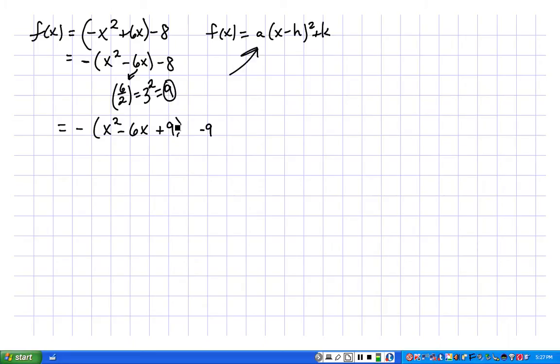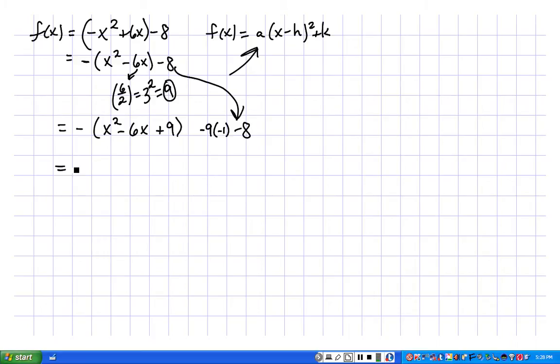So if we add 9, we also subtract 9 to keep the problem balanced. But because this plus 9 is being multiplied by a negative 1, I want to do the same to the negative 9, and the minus 8 should still be in the picture because we haven't done anything to it yet.